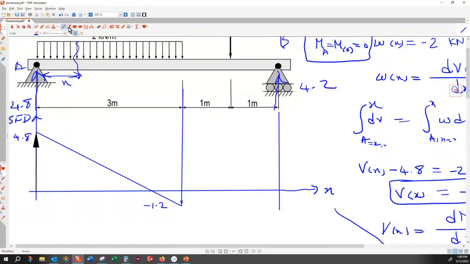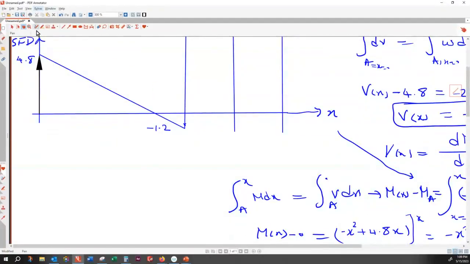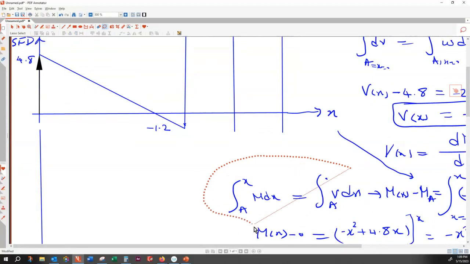And then the second zone and the third zone, okay? But just before that, let's finish with the first zone. Now we can also plot the bending moment for the first zone. I'm cleaning some of these calculations to make room.